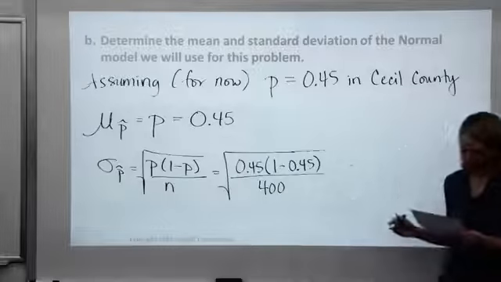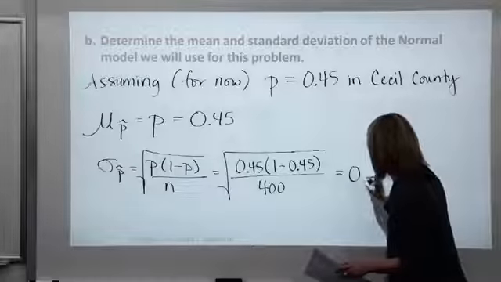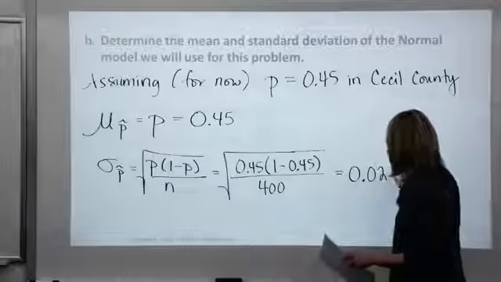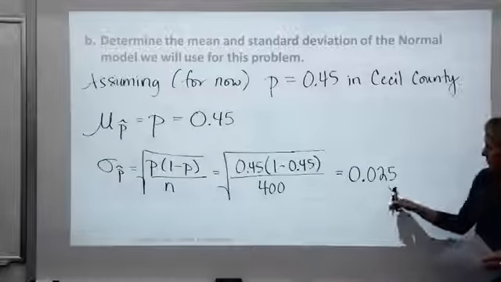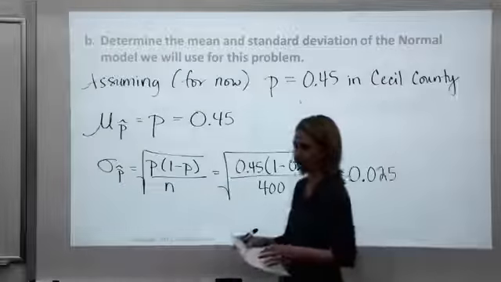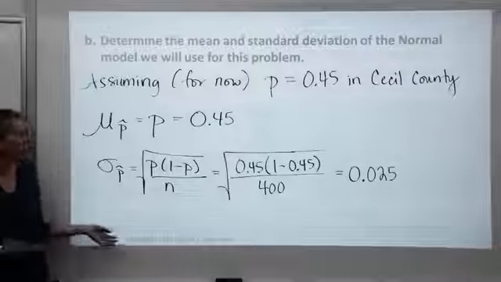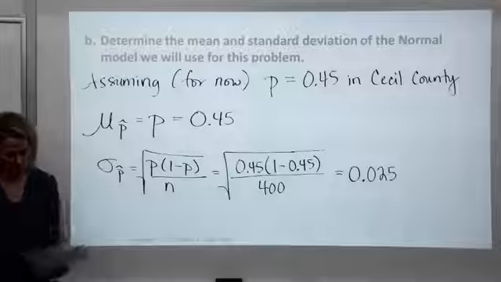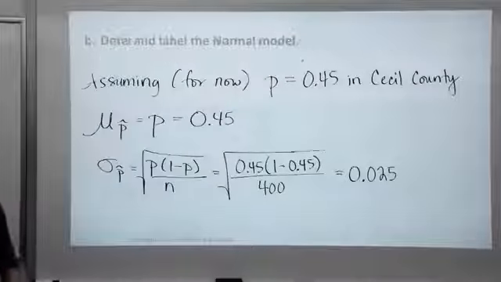Plug that in your calculator. I'll round this to 3 decimal places. We get that the standard deviation is about 0.025, so about 2.5%. The mean and the standard deviation, now we have our parameters that we need to use the normal model. So next thing is probably going to be to draw one of those.